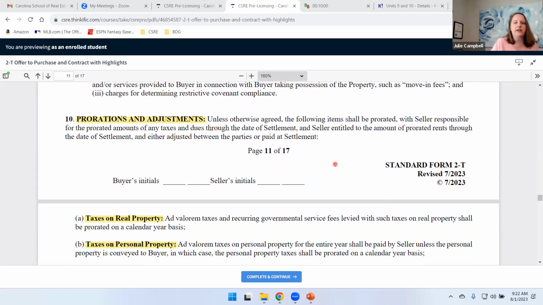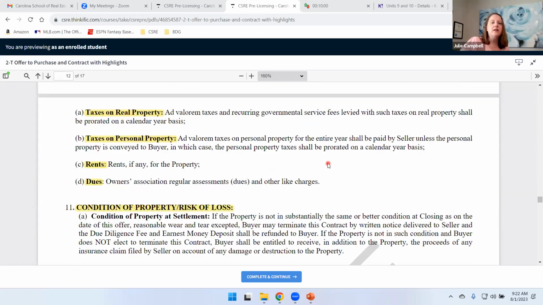This talks about our prorations, which we just talked about with this year's taxes. Again, this is where we're heading in Unit 21. But what our contract does is it spells out things that would typically be prorated. So we said one shared expense at settlement is going to be this year's taxes, property taxes.